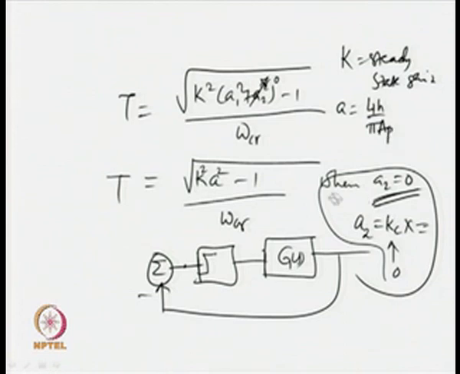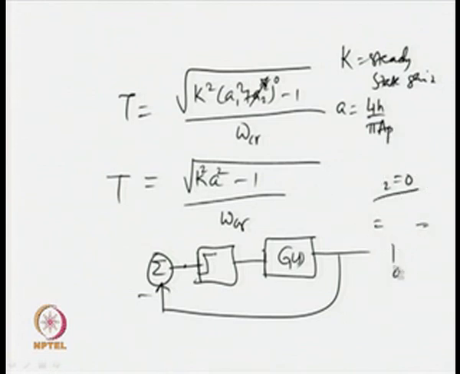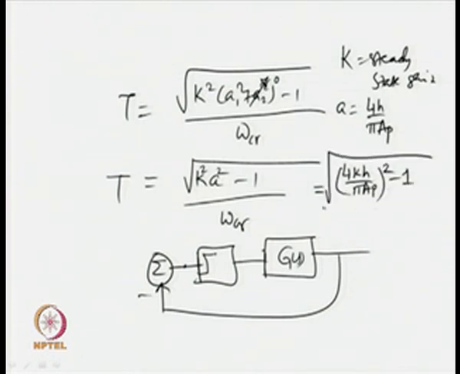So, finally, how much I will get? Upon substitution of k and A in this expression, we get 4 k h divided by pi a p whole square minus 1 root upon omega c r.